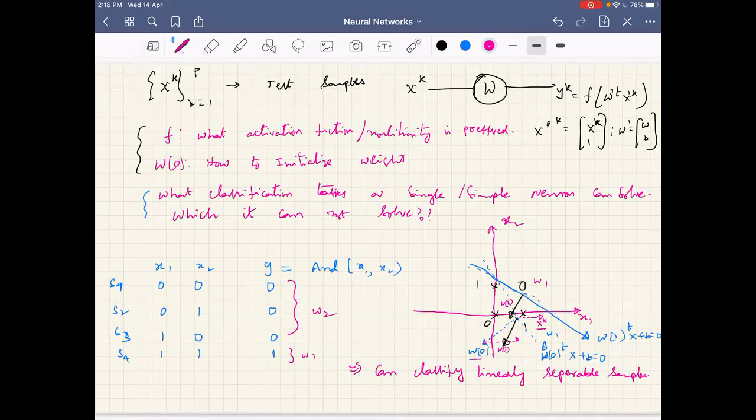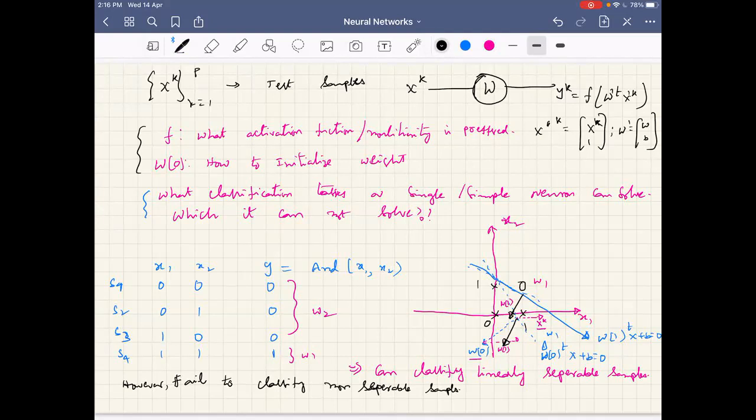Okay. Now let us see another example. What are the limitations? Can you guess before we move on to the next example? However, it fails to classify non-separable samples, because we are looking at a linear decision boundary here.